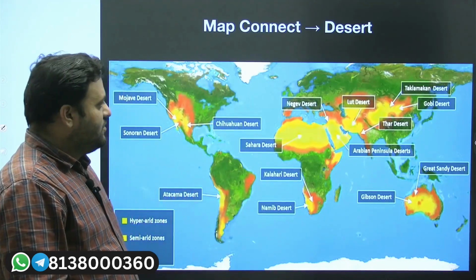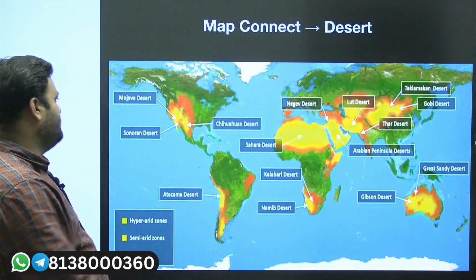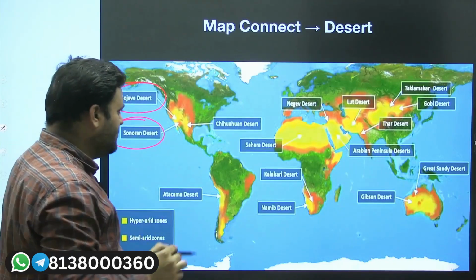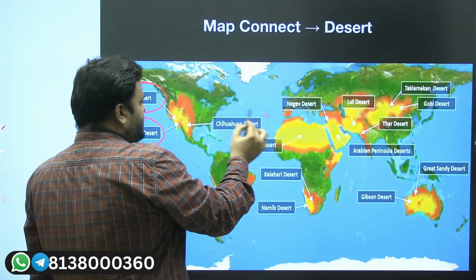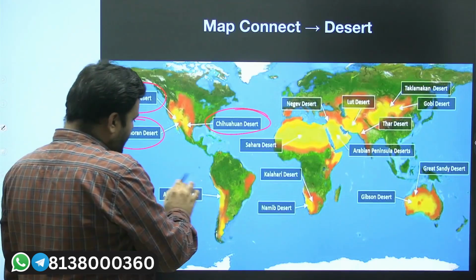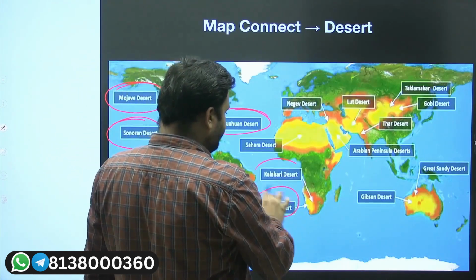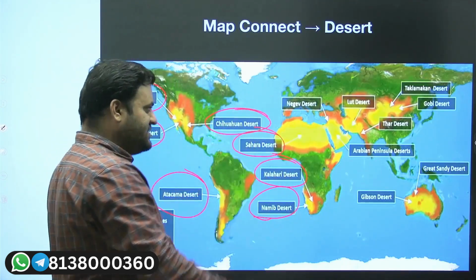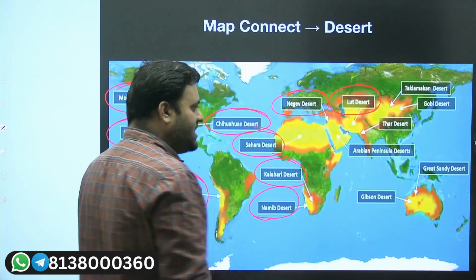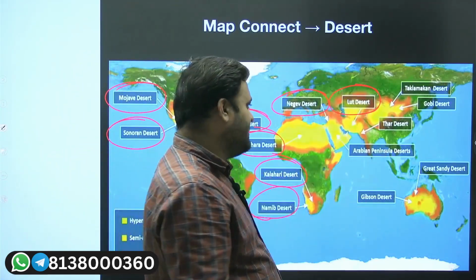So here, if you see major continents and major deserts, we have a Mojave Desert in USA, the Sonoran Desert in North America, then the Chihuahuan Desert, which is also in North America, and the Atacama Desert, which is in South America. Then you will see the Namib Desert, Kalahari Desert, and Sahara Desert, one of the largest deserts of the world. Negev Desert is in the Arabian Peninsula, and Dasht-e Lut and Dasht-e Kavir are the deserts in the Middle East region, Iran and that particular region.